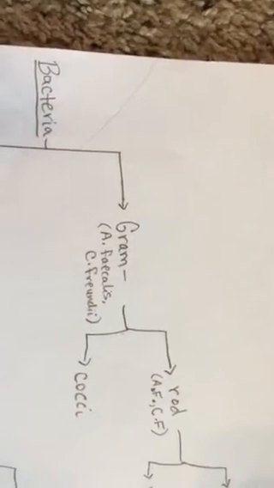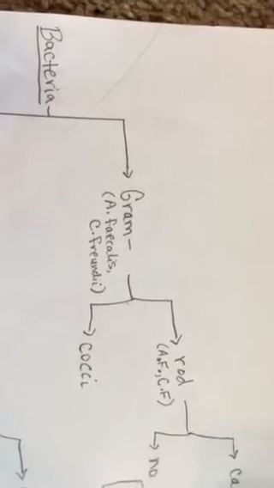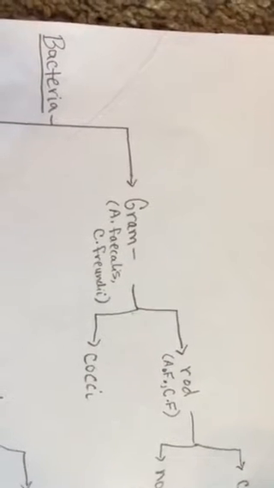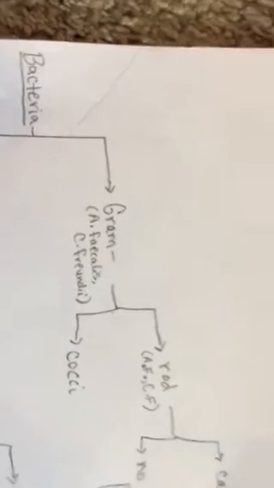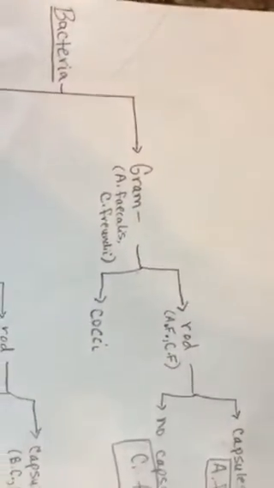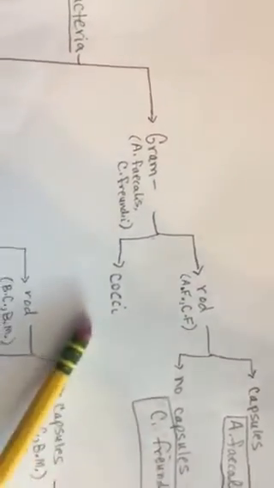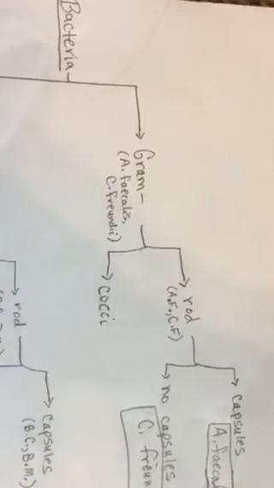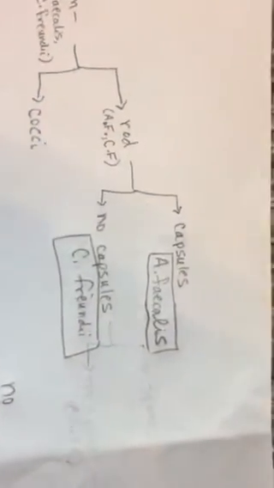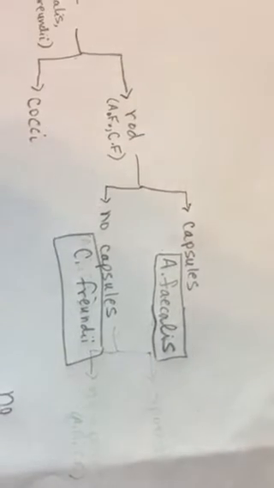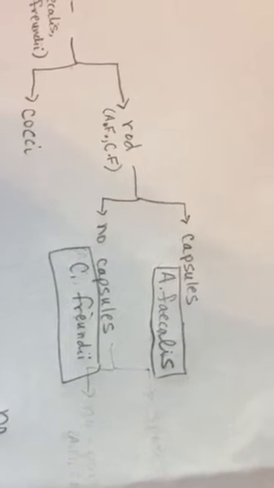That one was a little bit easier. You'll notice that both species are rod or bacillus shaped. Notice that there's nothing after that cocci. That is a dead end on this dichotomous chart, because we just simply didn't have any gram-negative cocci. But we did have the gram-negative rods, and the next characteristic that we looked at was whether or not they can make capsules.